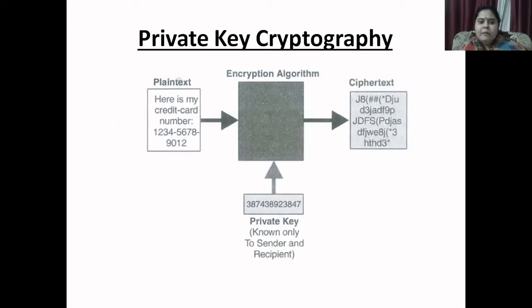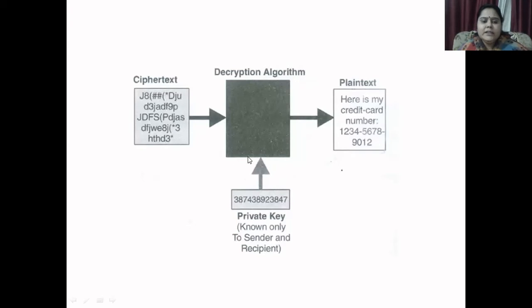In this, plain text is encrypted with the algorithm and converted with a private key to the ciphertext, and then this ciphertext is sent to be decrypted at the receiver end. Now see the receiver end. The receiver receives the ciphertext, decrypts it with the private key and receives the plain text.